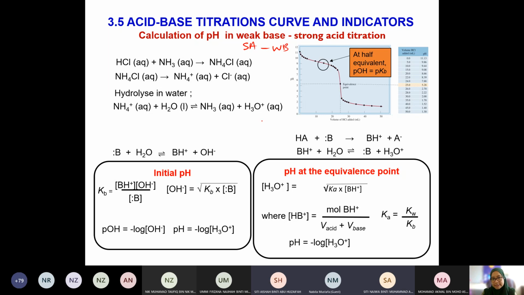Okay, kalau based on this titration curve, the one that is placed in the conical flask is the base, weak base in the flask. Sebab dia from top to bottom. At initial, maksudnya before HCl is added, the pH is already high. That means kat dalam flask tu is the weak base. Okay, is the weak base.